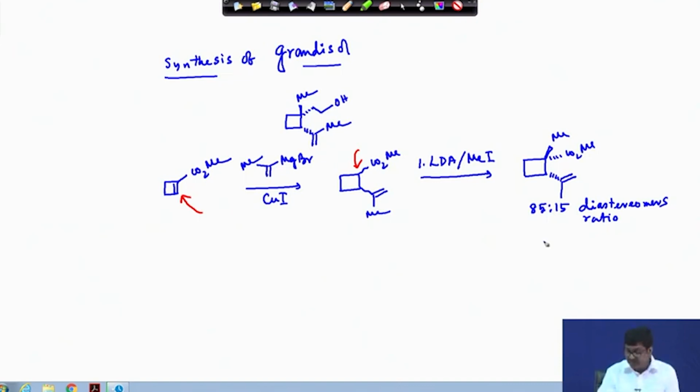Once it has been synthesized, then comes the basic hydrolysis with KOH, potassium hydroxide. So, the ester will become its corresponding carboxylate, and after that the acid chloride followed by diazomethane treatment will give its corresponding alpha diazoketone.